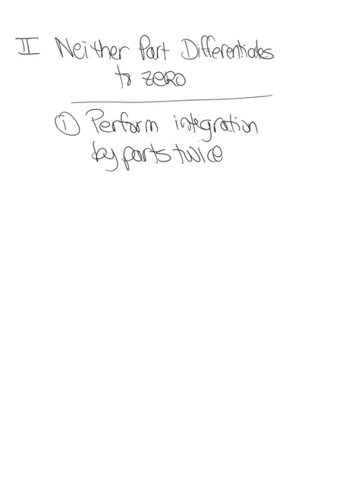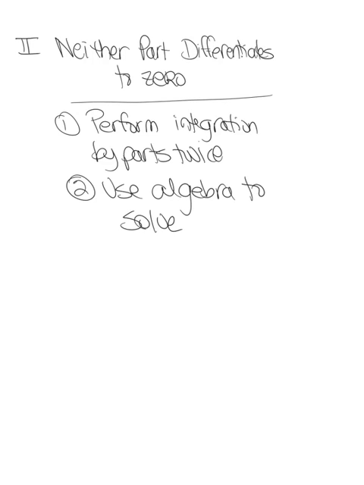This is going to give you back the same integral that you started with. Once you get to that point, you're going to use algebra to solve for the integration you are looking for, and then at the end, don't forget to add your plus c.